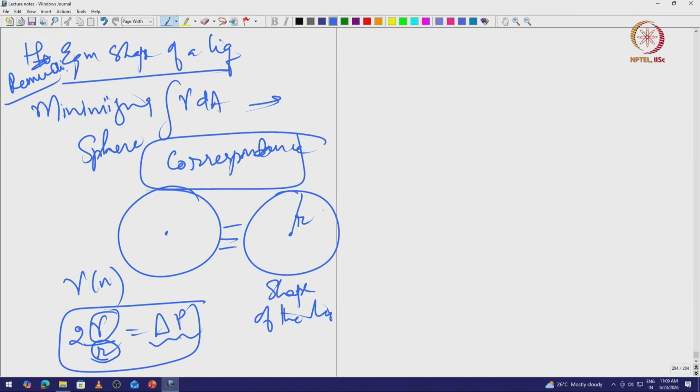and that is what relates the polar plot of gamma and the polar plot of r, and a polar plot of r is nothing but the shape of the crystal, right.